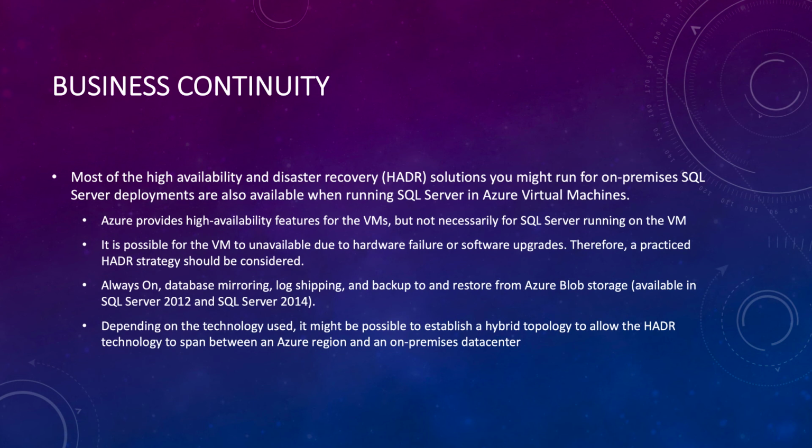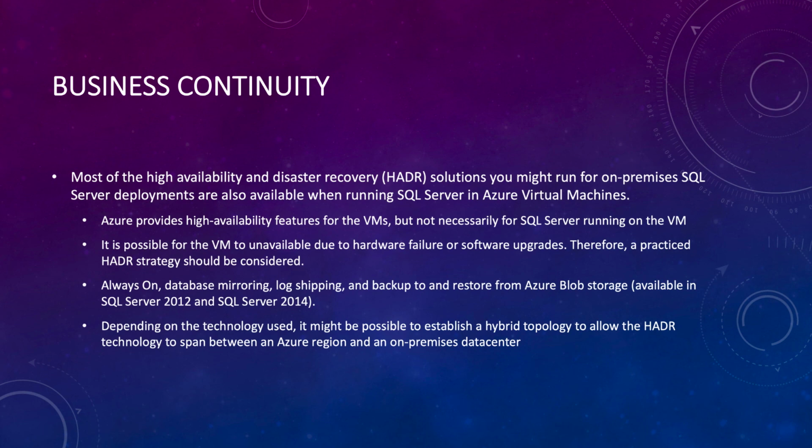It is possible for the VM to be online, but the SQL Server instance to be offline, unhealthy, or even both. Additionally, it is possible for the VM to be unavailable due to hardware failures or software upgrades, in which case a practiced HADR strategy should be considered.